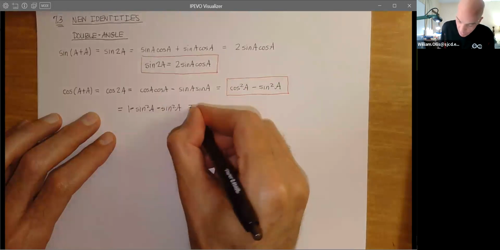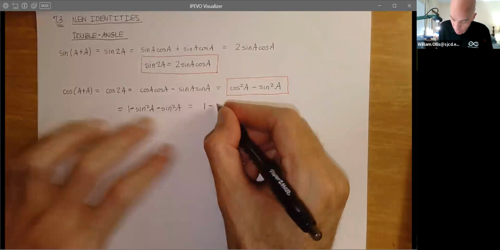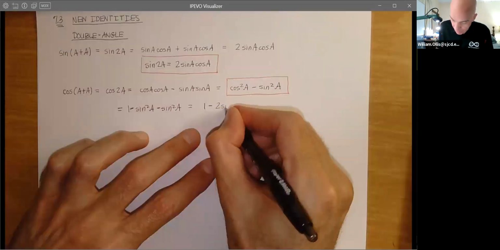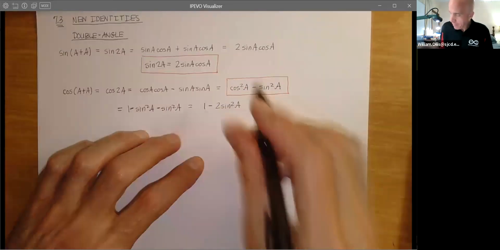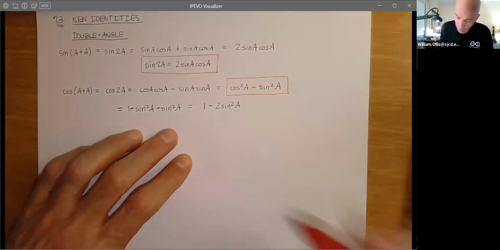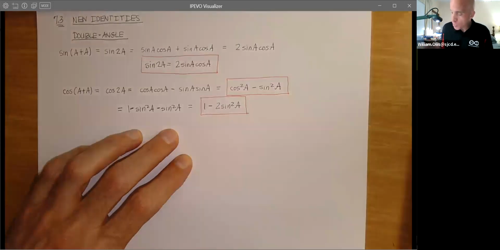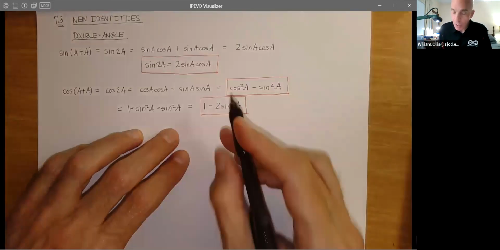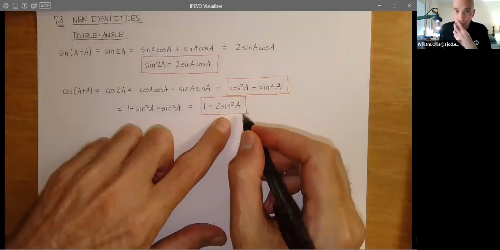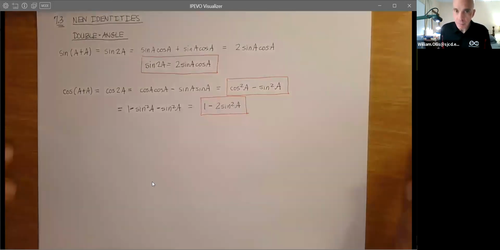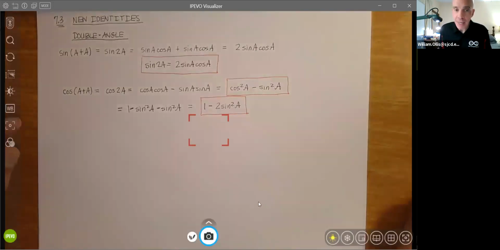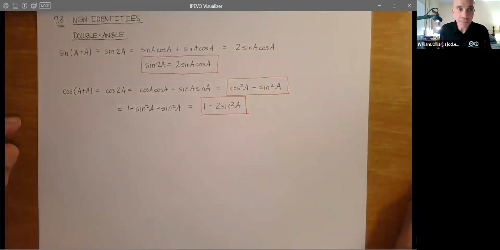So that gives us 1 minus 2 sine squared. So now we have another form. Maybe it's more convenient to write the cosine of the double angle with the sine function. Maybe it's okay to leave it like that.